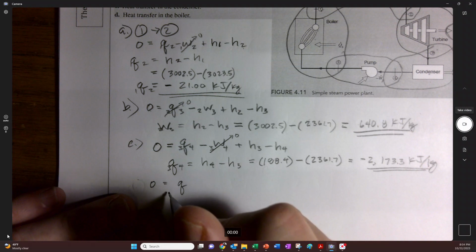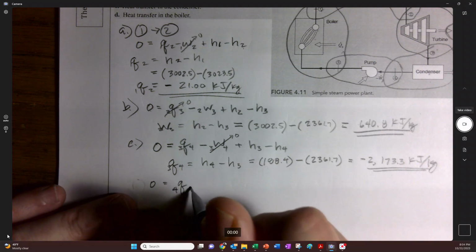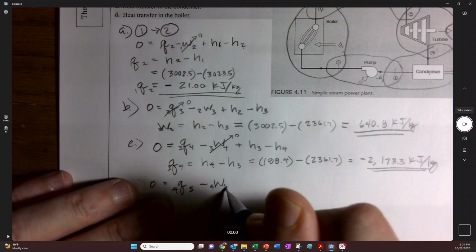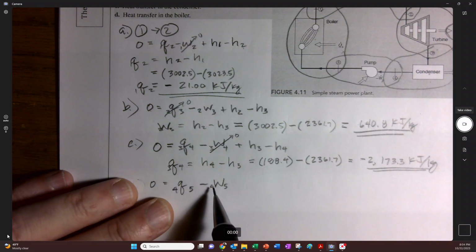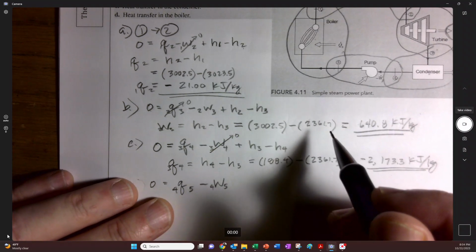So that was between numbers 4 and 5. So the heat between 4 and 5 minus the work between 4 and 5. And that's going to be the pump, by the way, putting stuff in. And I think I do have to make it negative.